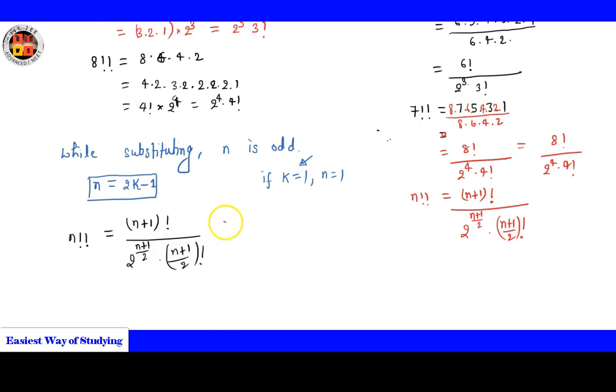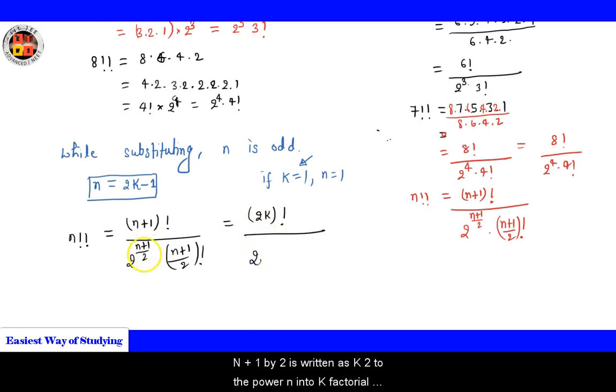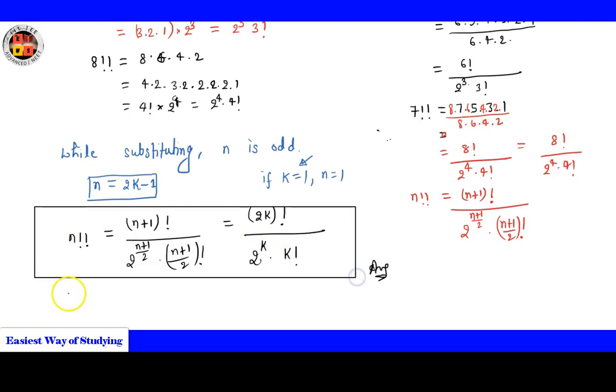Here n plus 1 can be written as 2k. So here is 2k factorial divided by 2 to the power k into k factorial. This is the result in case n is an odd number. This is all about double factorial.